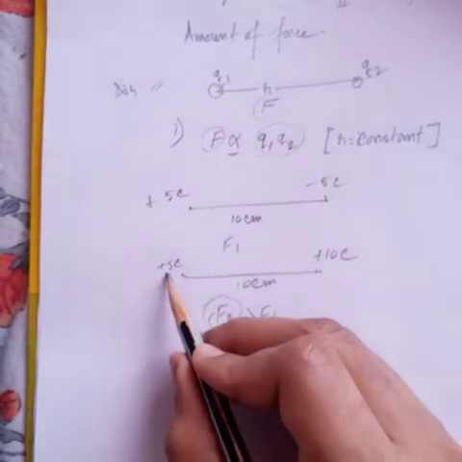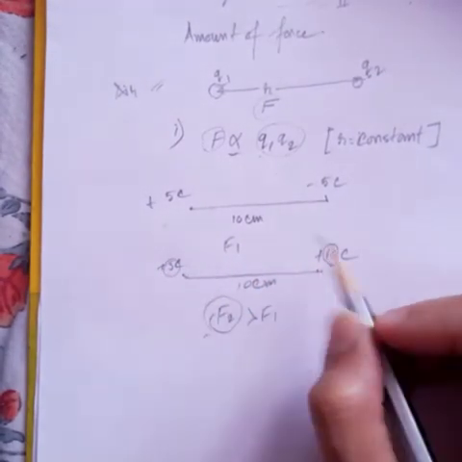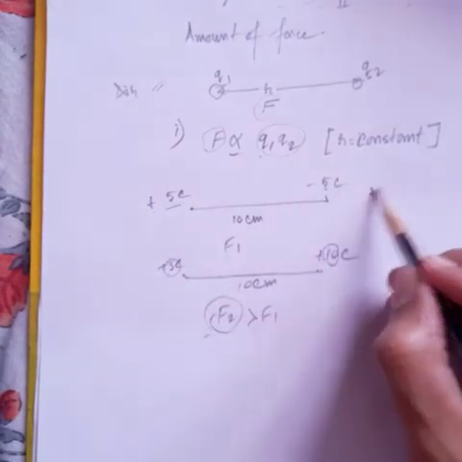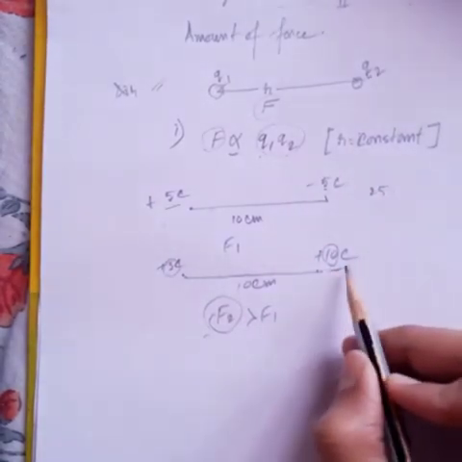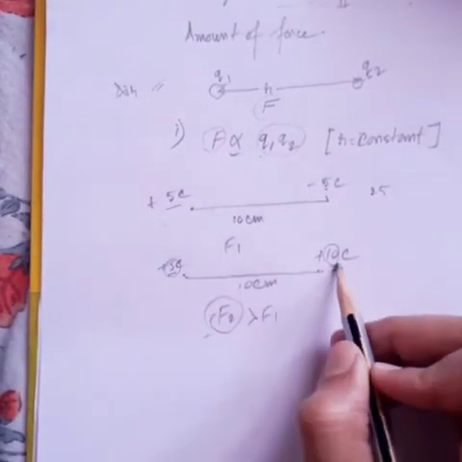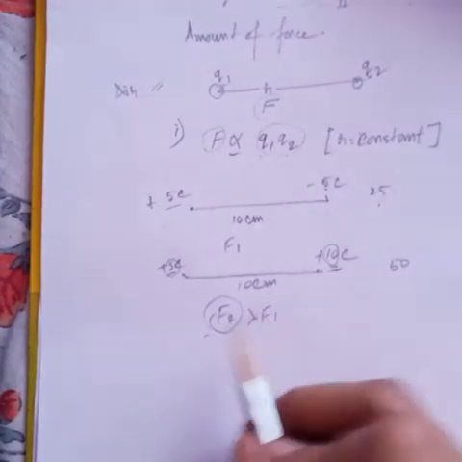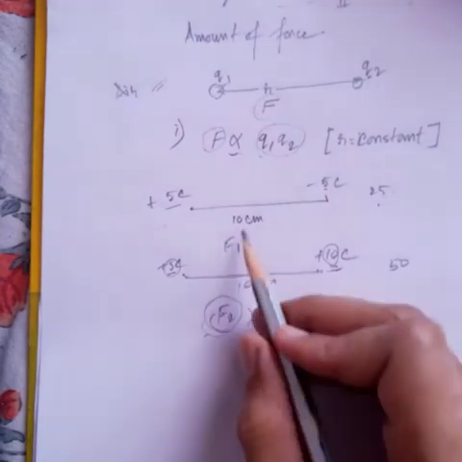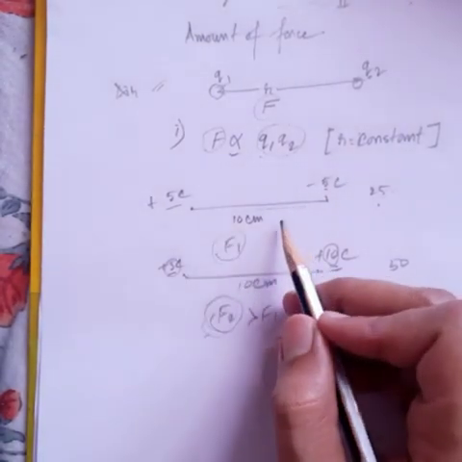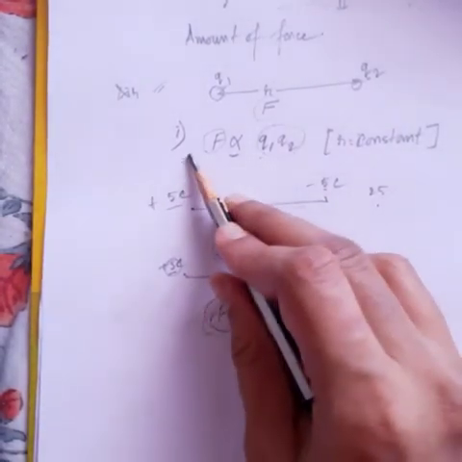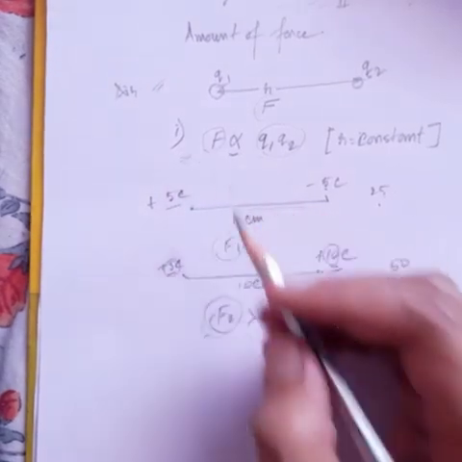Why? Because in this case the product of the charges is 50, whereas in the first case the product of the charges is 25 only. Since Q1 into Q2 is 50, which is more than 25, this force is going to be more compared to F1. Okay, so this is the statement of point 1 of Coulomb's law.